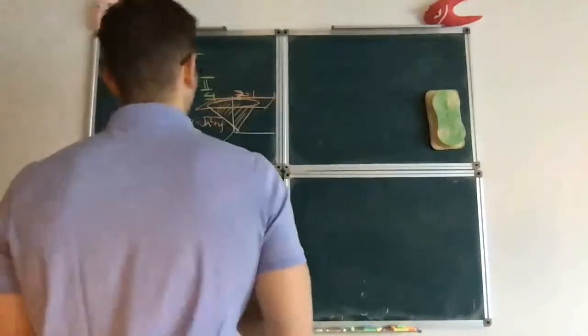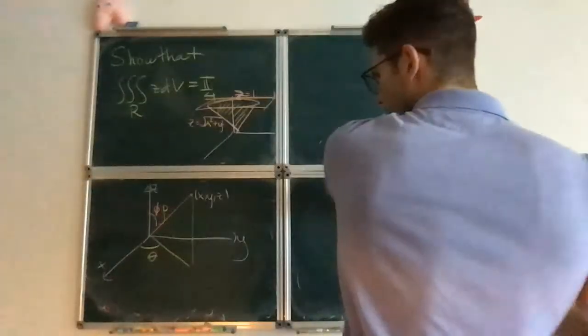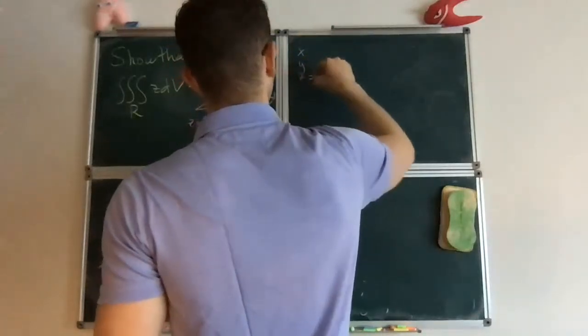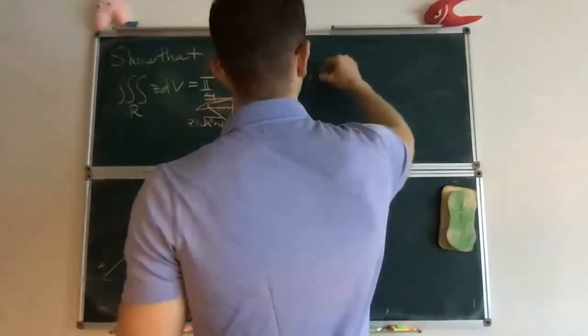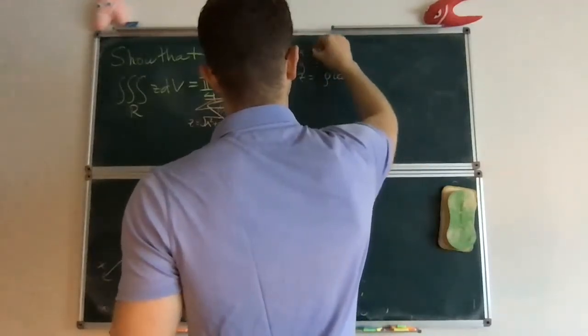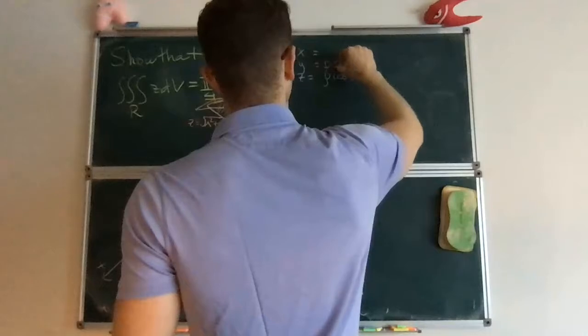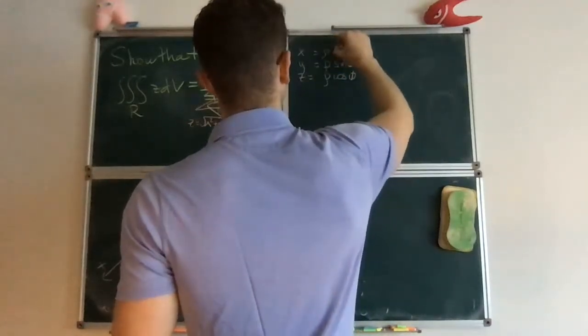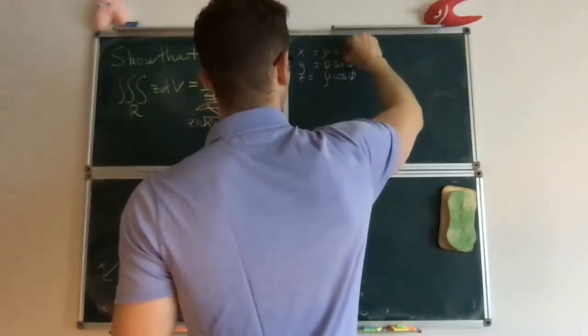So the change of variables was z equals rho cosine of phi, and then y equals rho sine of phi sine of theta, x equals rho sine of phi cosine of theta.